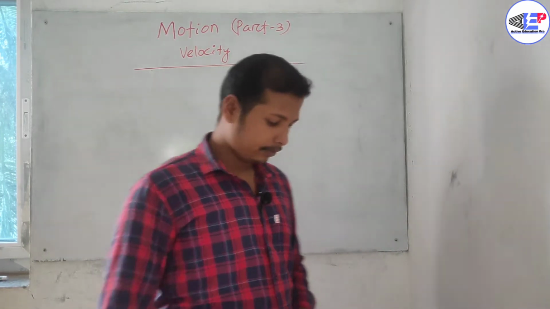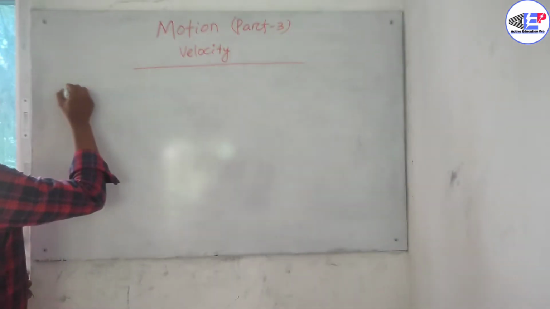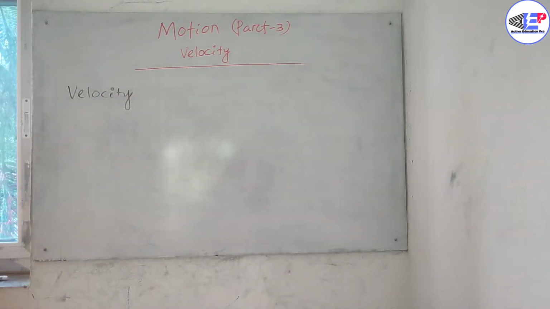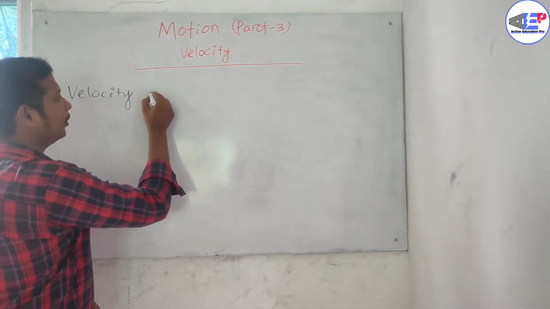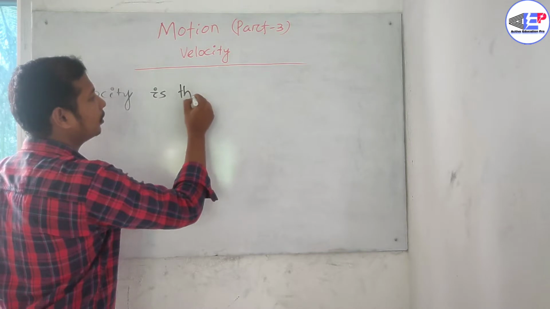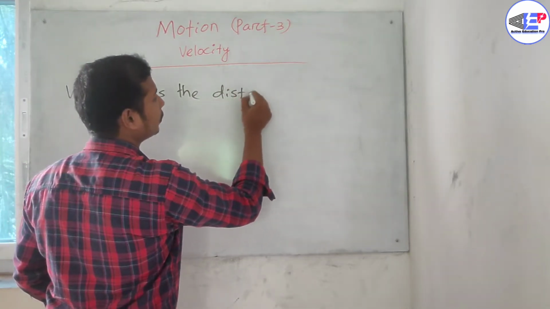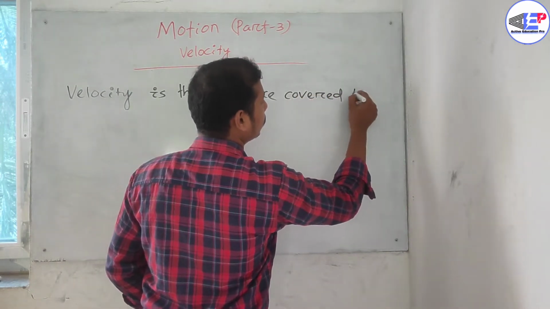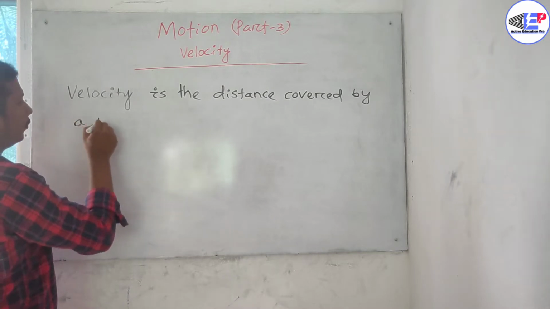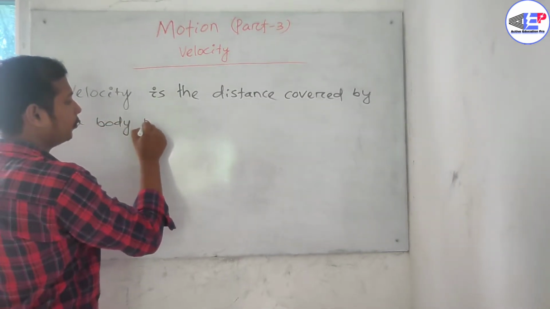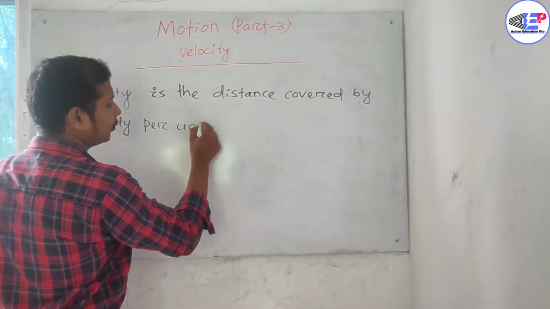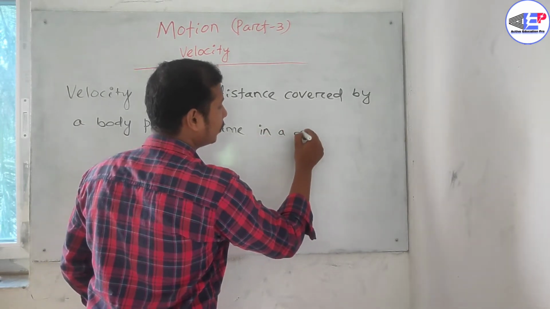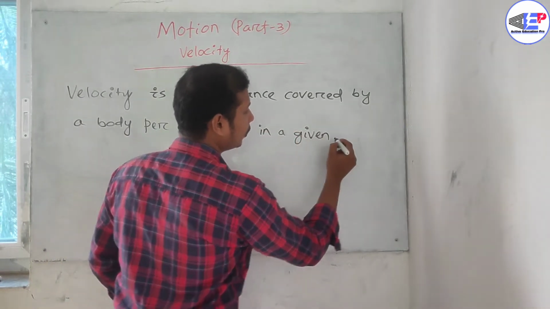Velocity is the distance covered by a body per unit time in a given direction.